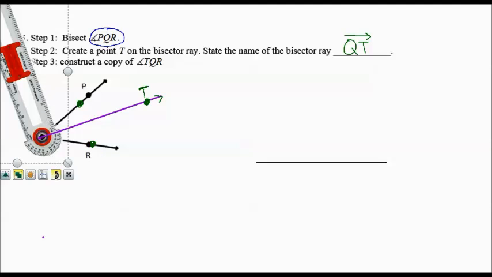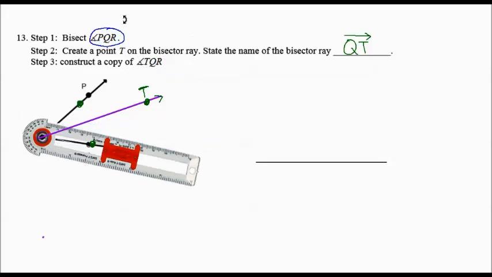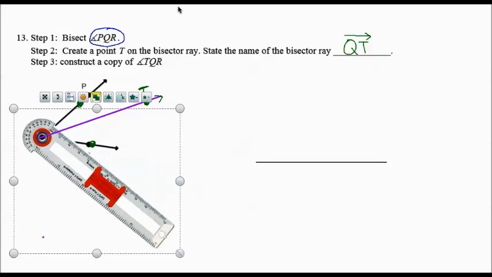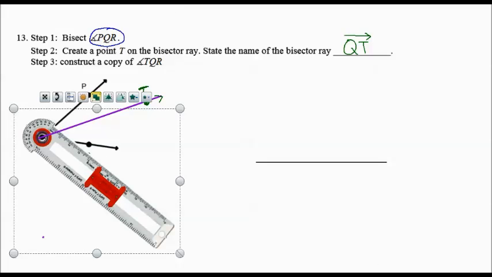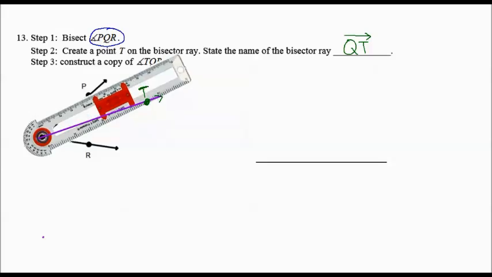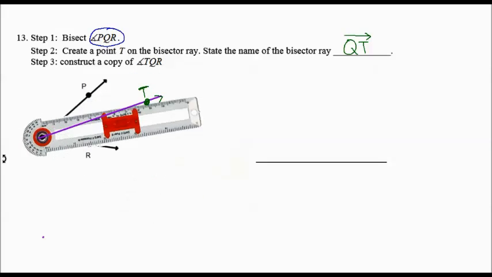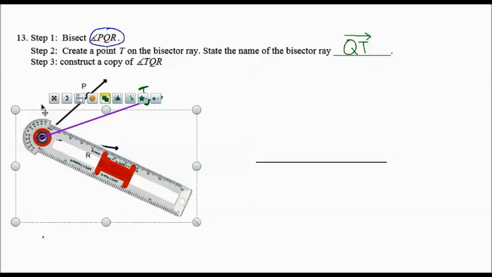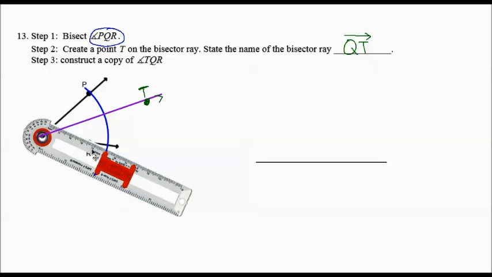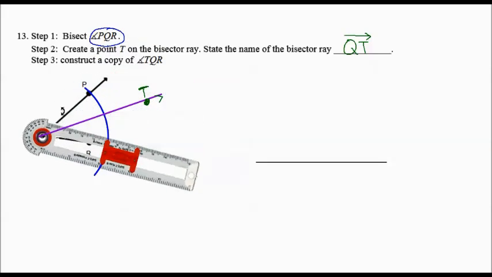Now I go back to my compass. And I'm going to create a new arc that just covers this angle from one side to the other, angle TQR, such that the arc gets marked with my pencil. The arc should be marked.